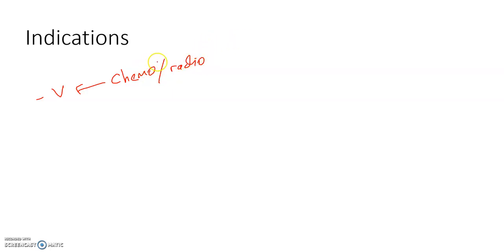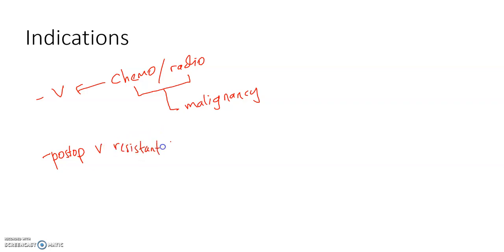In patients with cancer, they usually receive chemotherapy or radiotherapy or both, which are used to treat malignancy or cancer. And they are also given for post-op vomiting that is resistant to other agents.